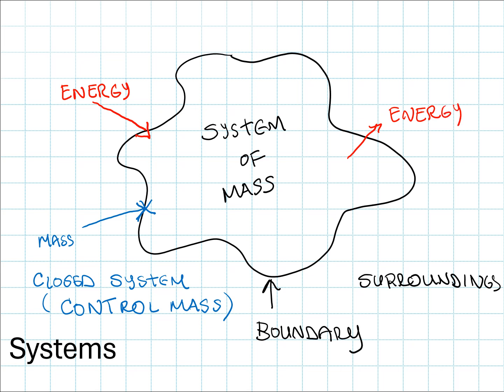Whereas, as we discussed earlier, mass cannot cross my system boundary. It can't go from outside of the system into the surroundings. It gets blocked by the boundary, whereas energy can go both ways. I say that in most closed systems, the energy passes through the boundary. There are some that do not allow energy to pass, and these are a specialized case of a closed system known as an isolated system. We won't be studying these too much in detail.